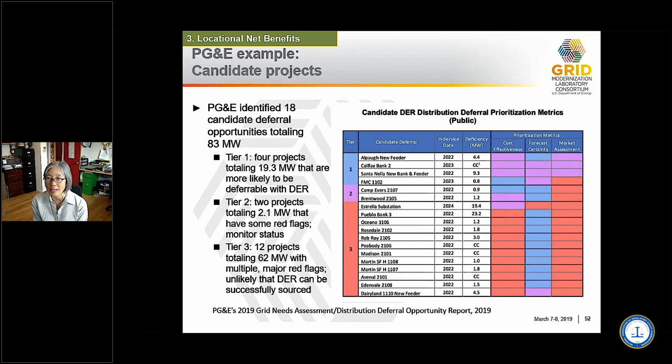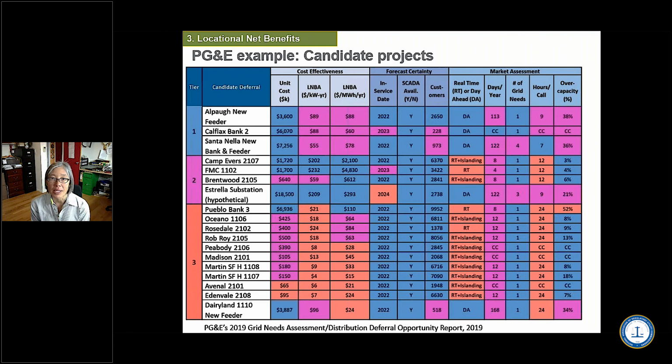Red flags are things like, if you look at this Estrella substation, the first one in tier 3, it's got a red flag because the in-service date is actually beyond their planning period. And there's a lot of grid needs and a lot of hours per call. If you go to the next slide, this is the data that goes into the ultimate judgment call about how to prioritize different candidate projects.